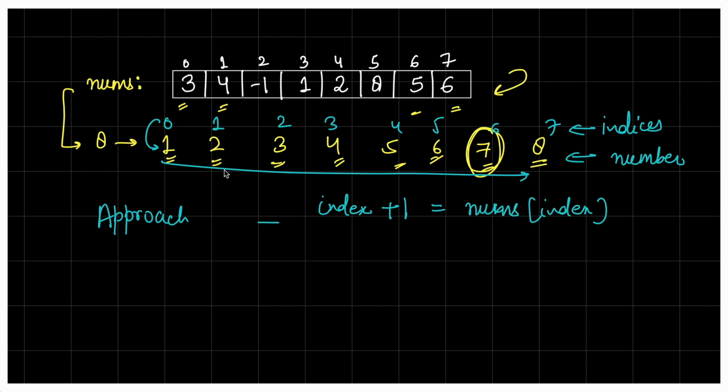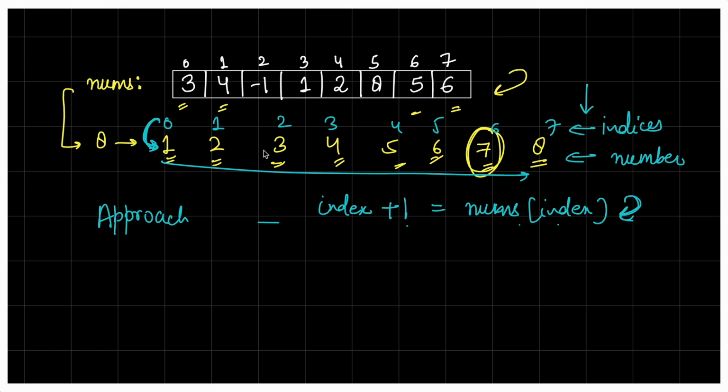So we can keep on checking this relationship between the index and the number present at that index, and if every index satisfies this condition, that index plus 1 equals nums[index], we'll finally come to the last index, and whatever the last number is, we can return that, right?